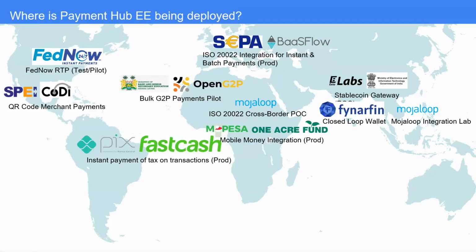Yes, this is basically showing the scale behind Payment Hub EE, which is obviously the candidate solution that we've provided here. So you can see that it's used in a number of different scenarios across all the major continents. It's used in both commercial deployments, as we can see with SEPA and the ISO 20022 integration, as well as being used in sub-Saharan Africa, for example, the M-Pesa One Acre Fund deployment, and PIX out in Mexico.